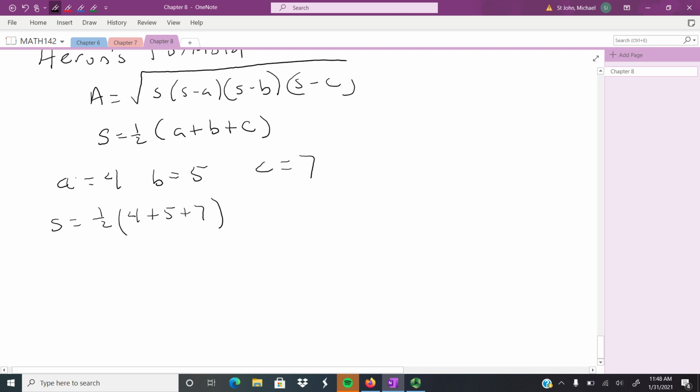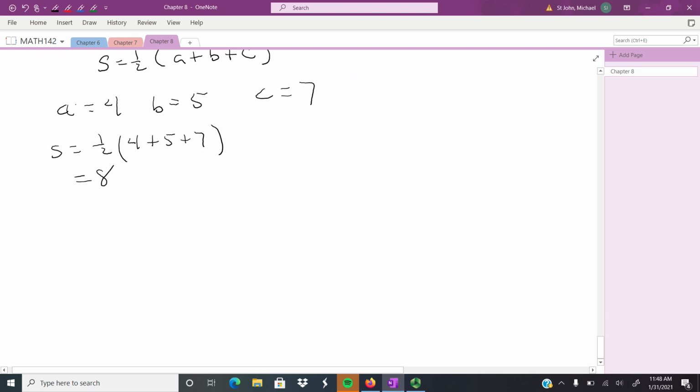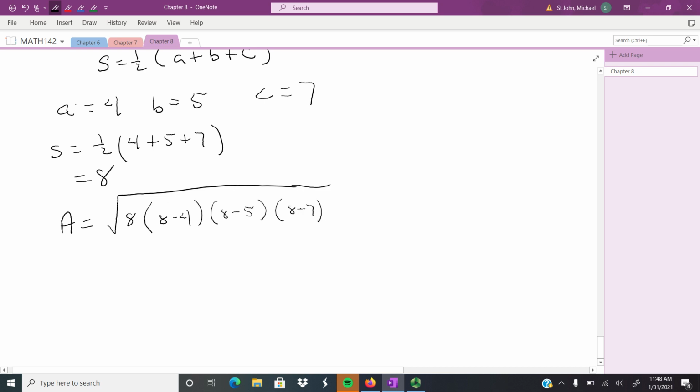And so S is going to equal 8. So my area is going to be the square root of 8 times 8 minus 4, 8 minus 5, 8 minus 7. Okay.